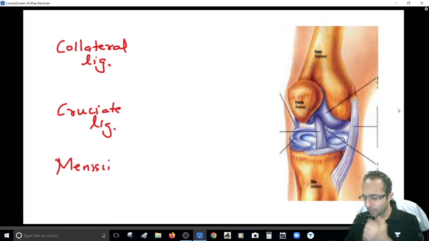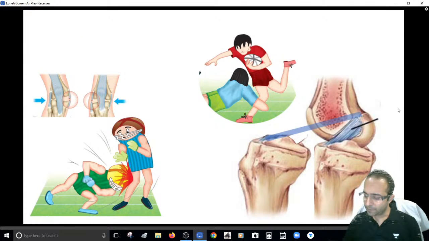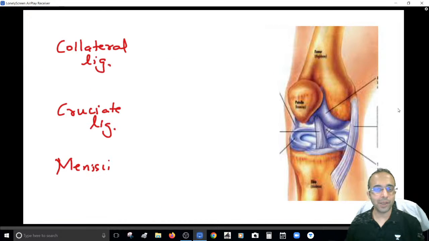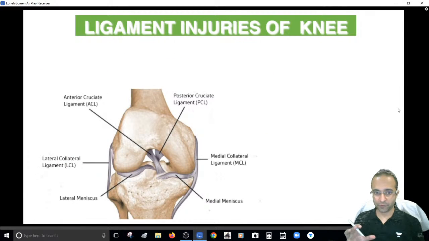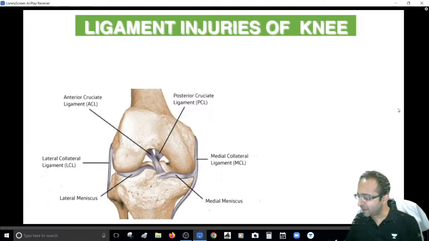See, the collateral ligaments are running on the sides of the joint. So when the tibia is going to get a medial or lateral tilt, or you can say a varus or a valgus tilt, the collateral ligaments are going to resist that force. Suppose the tibia tilts medially. This is a varus tilt.